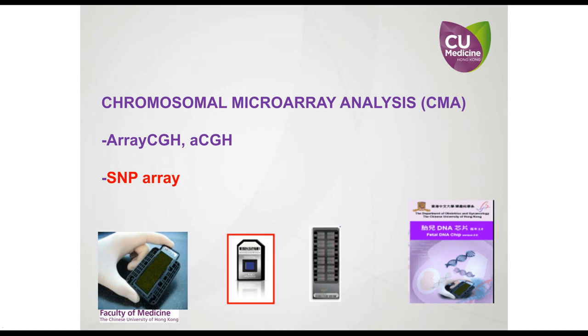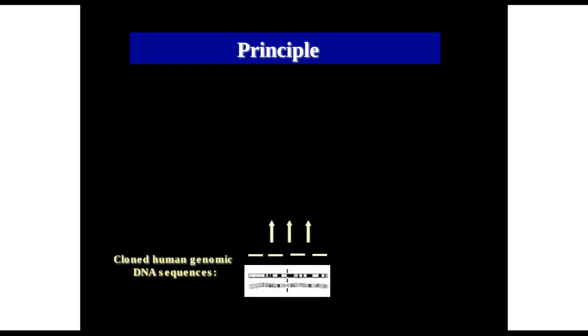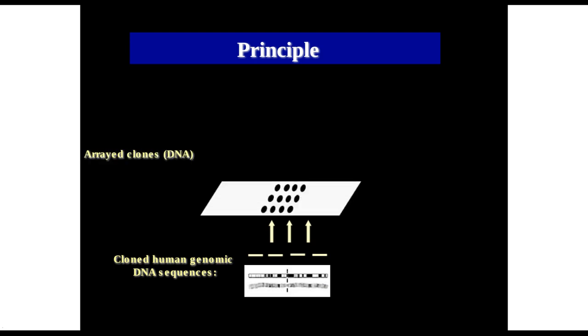So I'm going to walk through the principle for some of you that are not familiar with this technology. Generally, when we're talking about a microarray, we are picking clones or segments of sequence from our genome, and then we immobilize them onto a solid phase. Usually, it's a glass slide.